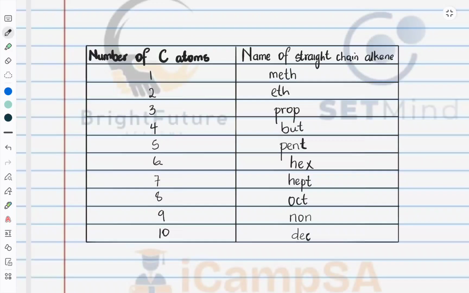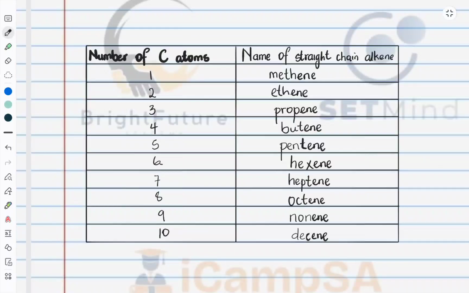Just a simple straight chain alkene. If it had 1 carbon atom, it would be called methene. If it had 2, ethene. 3, propene. 4, butene, and so on. Hexene, heptene, octene, nonene, decene. This is how we name them, only if it's just a straight chain alkene.